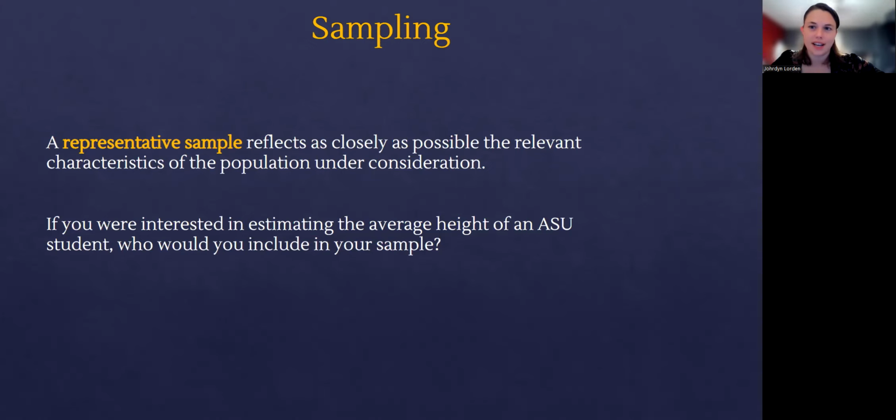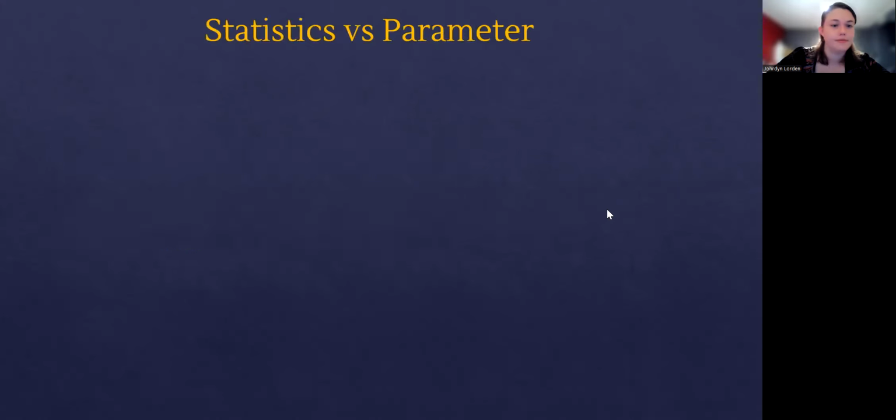What kind of sampling technique would you use? How would you do it? Where would you go to obtain this information to make sure that it is unbiased, that it is in fact representative? Give it a thought, see if you can write down some thoughts, and we should discuss that in class.